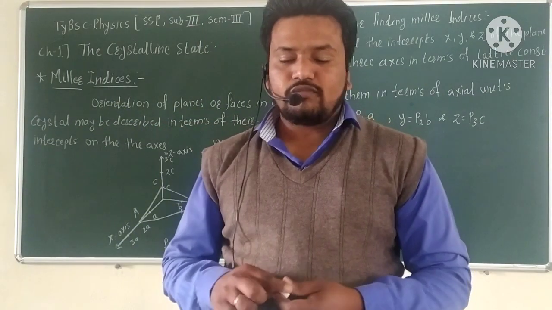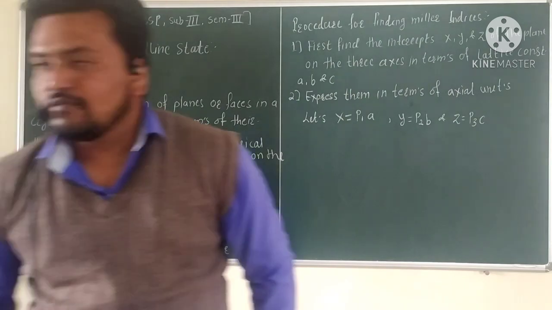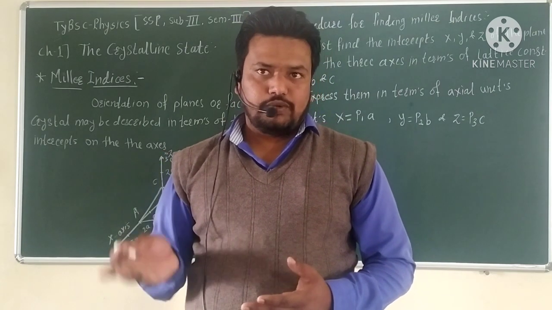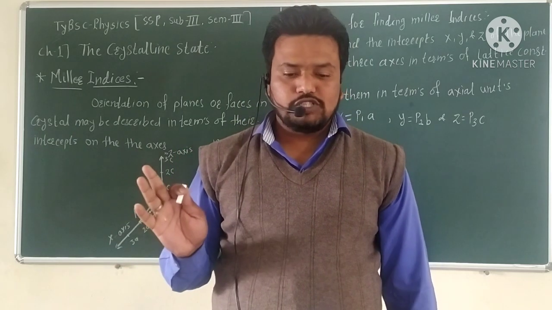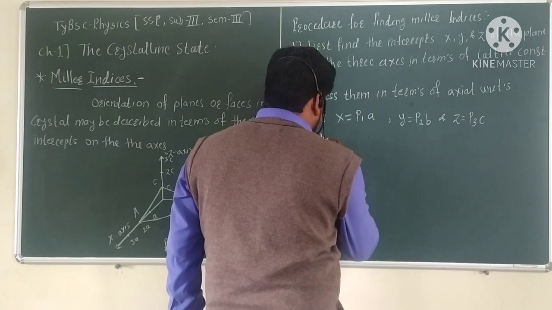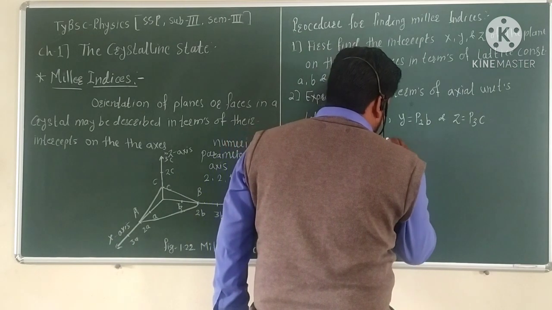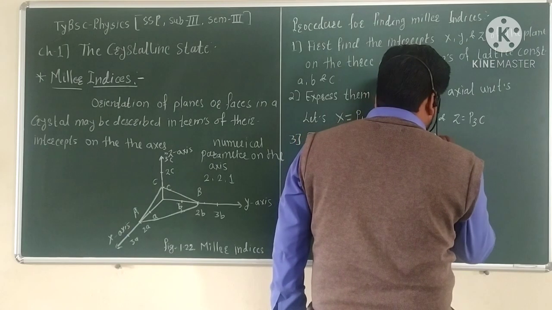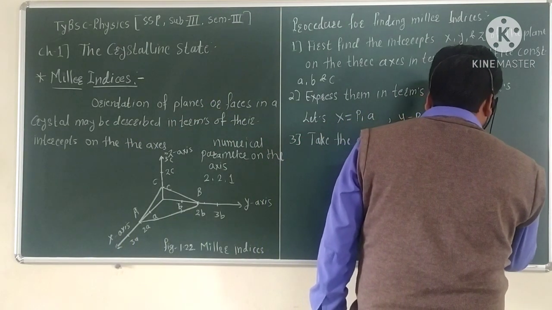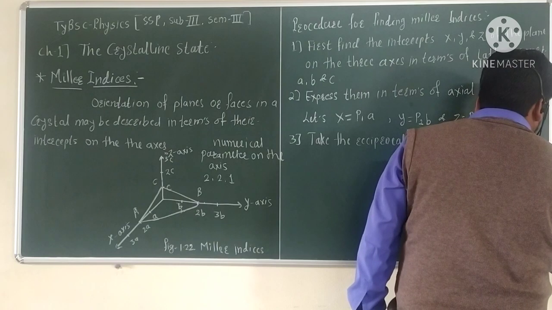Now the next procedure: if you express in terms of x equals p1a, y equals p2b, and z equals p3c, then take the reciprocal of the numbers p1, p2 and p3.